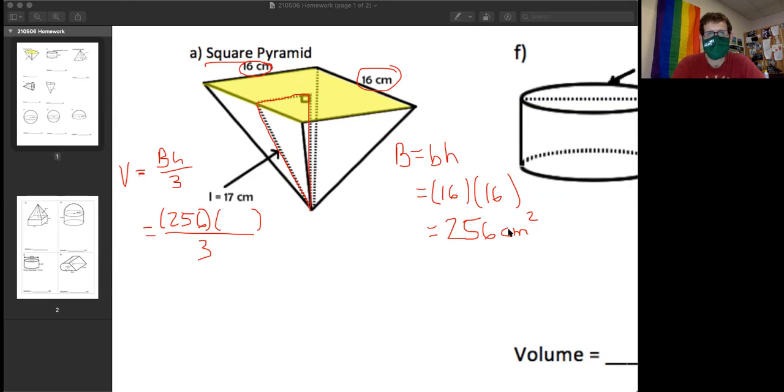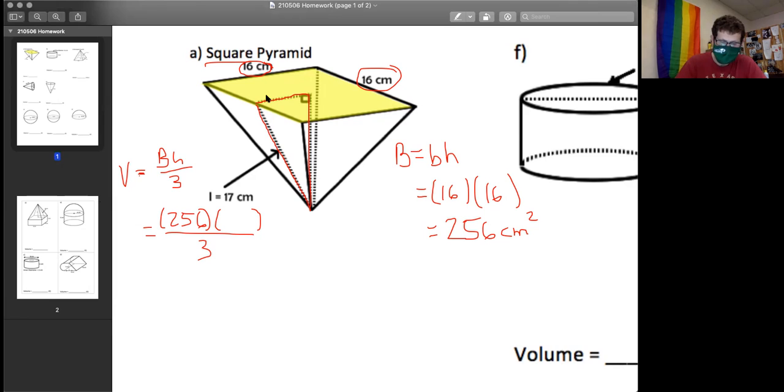Can no one tell me what this shape is right here? That is a right triangle. Okay, I'm going to draw this separately.